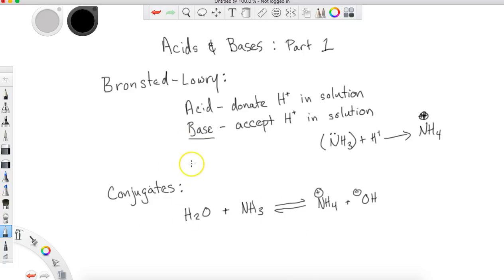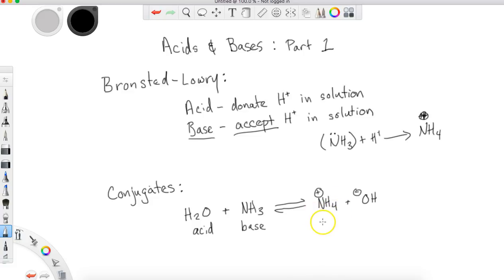Now we have NH4+ and OH-. What you want to be able to do here is basically two things. First of all, can you identify the original acid and the base? In this case, the NH3 accepted a proton. If something accepts a proton, it is a base according to the Bronsted-Lowry definition. That means water in this case is the acid.